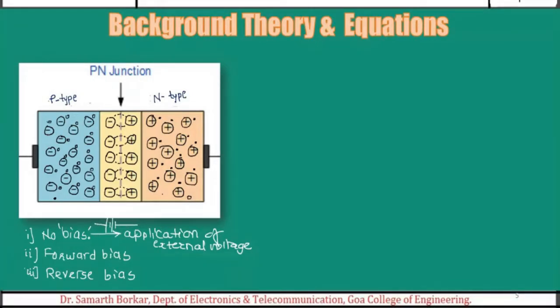Now if I connect the P terminal to the positive plate of the battery and the N side to the negative plate, it is referred to as forward bias. If I change the polarity, connecting the minus of the battery to the P side and the plus to the N side, it acts as a reverse bias.